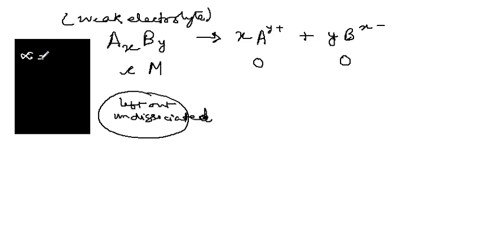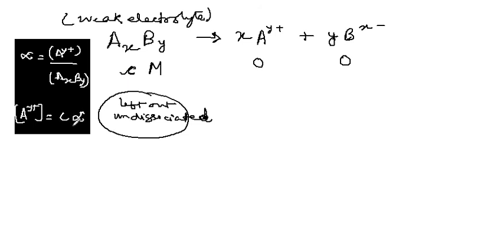The degree of dissociation is the number of the ions which are being formed out of the total concentration, which means the ion concentration would be equal to, since for the AXBY solute we are taking the concentration as C, so it would be C alpha.